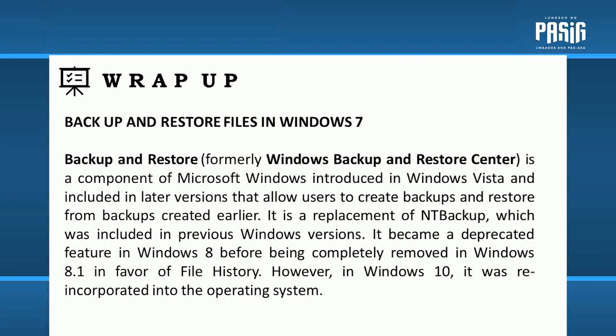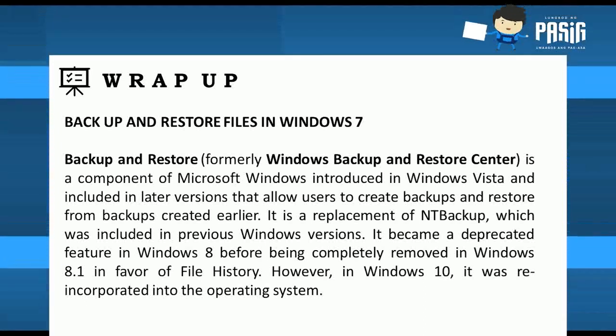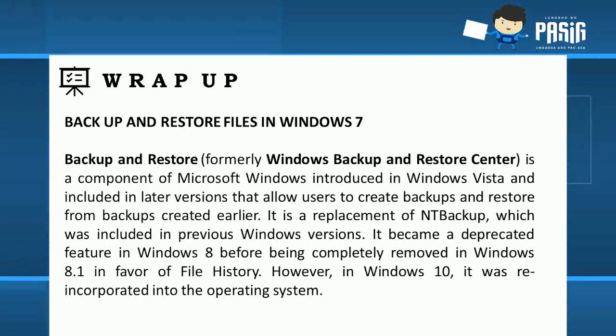It is a replacement of NT Backup, which was included in previous Windows versions. It became a deprecated feature in Windows 8 before being completely removed in Windows 8.1 in favor of File History. However, in Windows 10, it was reincorporated in the operating system.